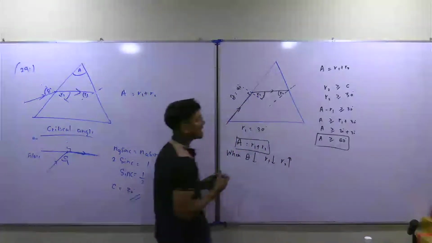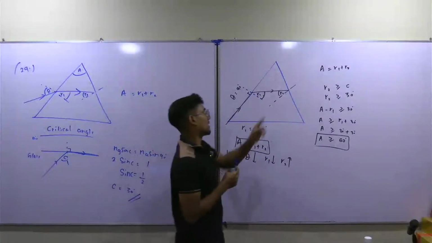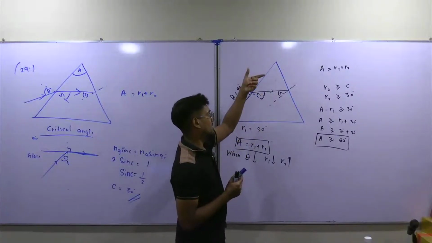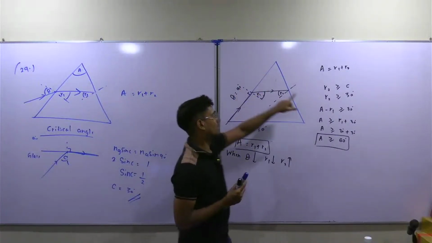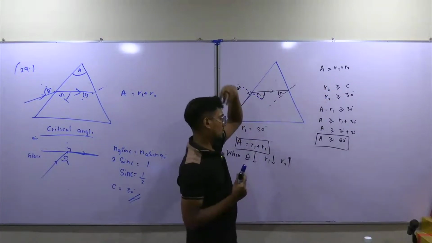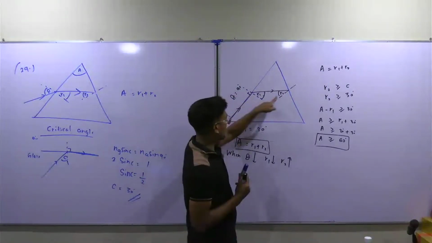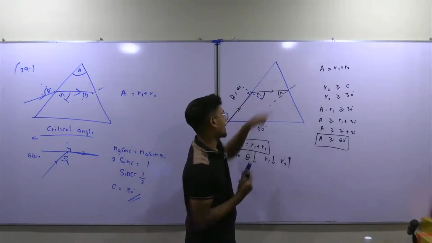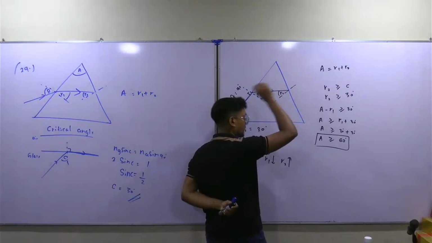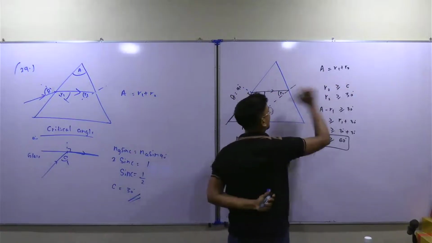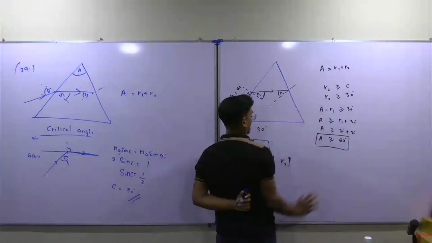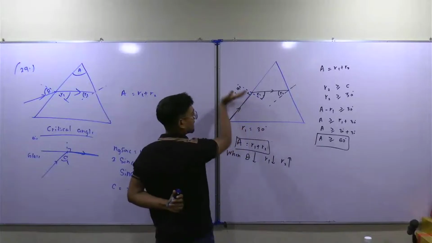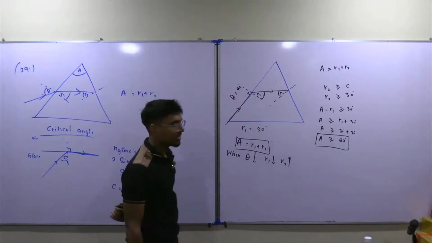So when R2 increases, it will be greater than this one, right? So for all other angles, the angle of incidence at this point will obviously be greater than C. So total internal reflection will take place for other thetas as well, right?